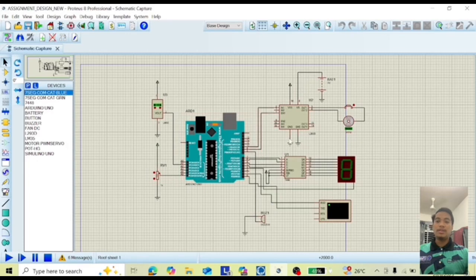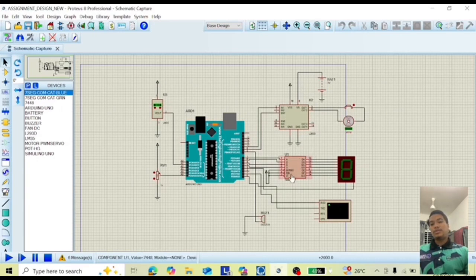So we have a motor driver, and then we have a DC motor. I connect it to digital pins 10 and 9 in the Arduino.